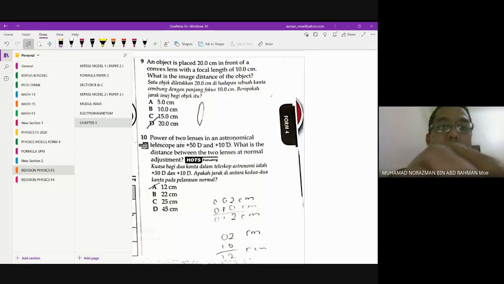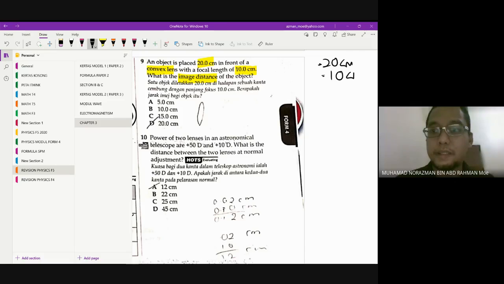Okay, this is thin lens formula. So, an object is placed 20 cm in front of convex lens with a focal length of 10 cm. What is the image distance? So, 20 cm. So, what is 20 cm?